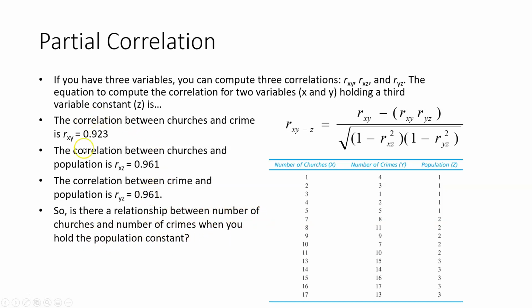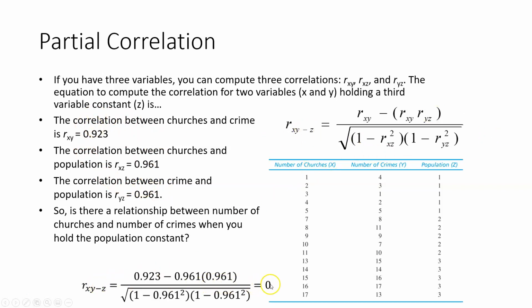You take these 3 correlation values and put them into this formula here, and if you carry it through, the value is 0, meaning there is no correlation between x and y, between churches and crimes, if you take out z, the population. If you mathematically remove that variability, there is no more correlation left between x and y.